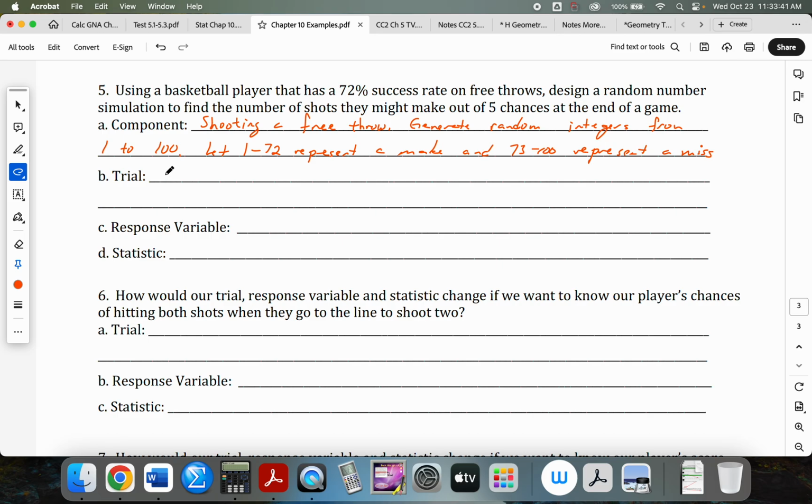Okay, so what is a trial going to be on this? You're going to try it 5 times. So repeat the component 5 times and see how many you make. And what are we going to get out of that? Count the number of makes.